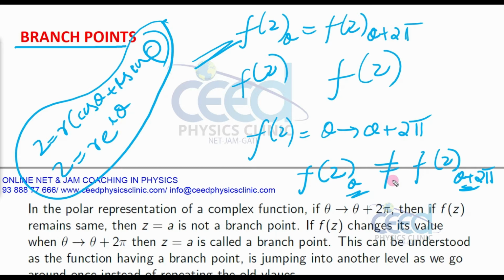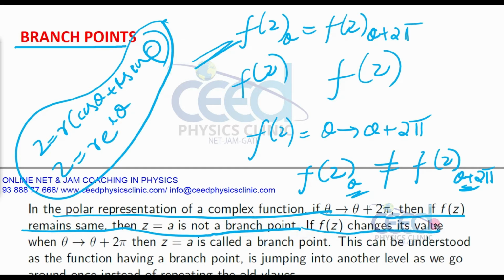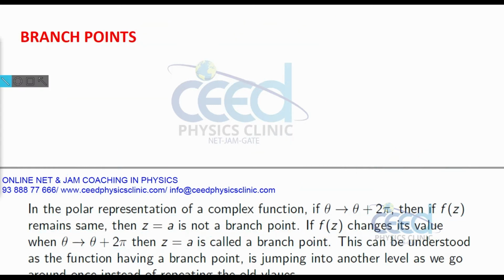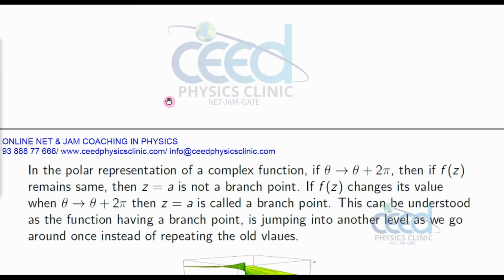Okay. So in the polar representation of a complex function, if theta tends to theta plus 2 pi and f of z remains the same, then z is equal to a is not a branch point. Z is equal to a is a branch point only if it changes its value when theta tends to theta plus 2 pi. Okay. So when I do one example, you will get more idea about this, right?